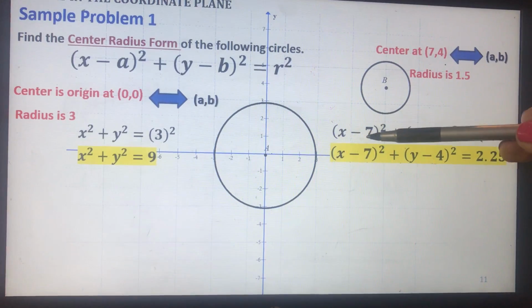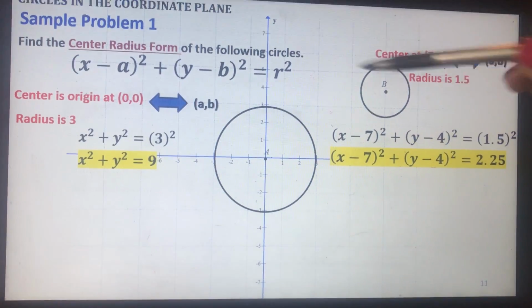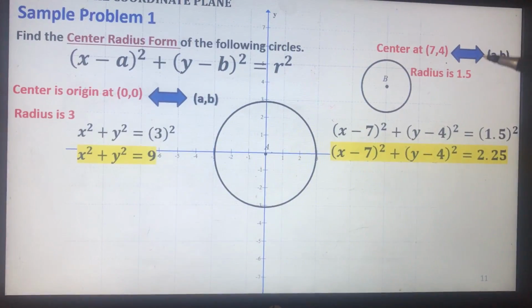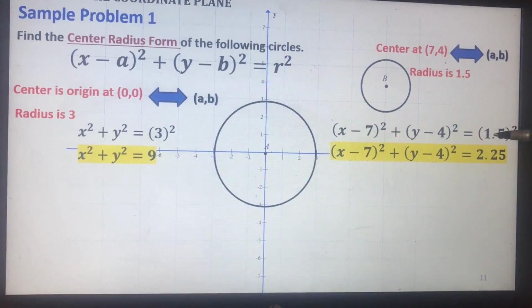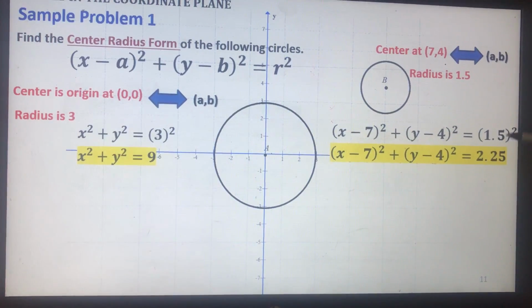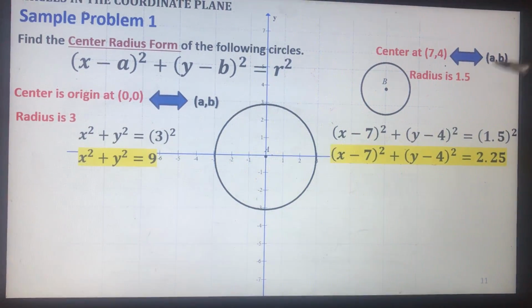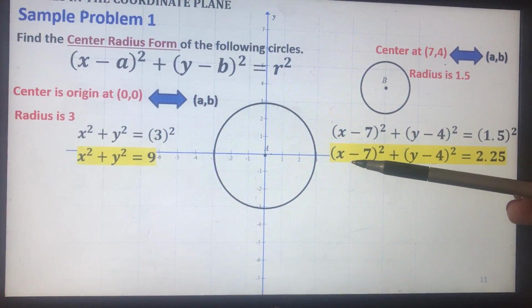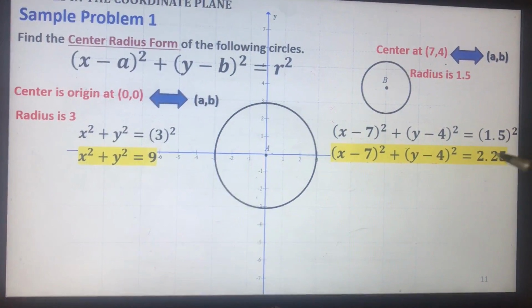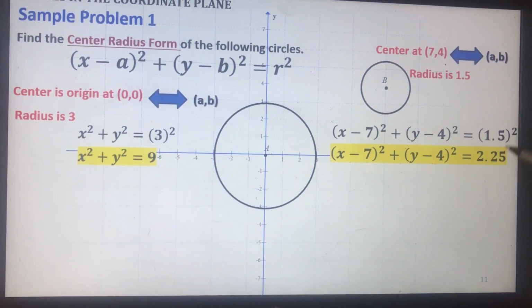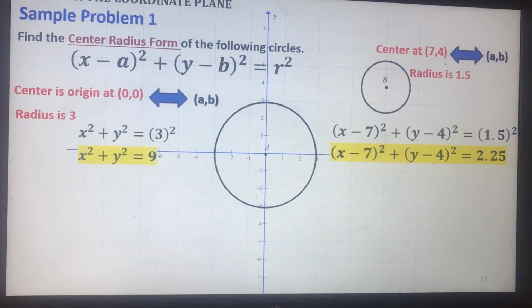So it's (x minus 7) squared plus (y minus b); since b equals 4, we plug it in, plus (y minus 4) squared equals the square of the radius, which is 1.5. So our equation reduces to (x minus 7) squared plus (y minus 4) squared equals 1.5 squared, which is equal to 2.25.